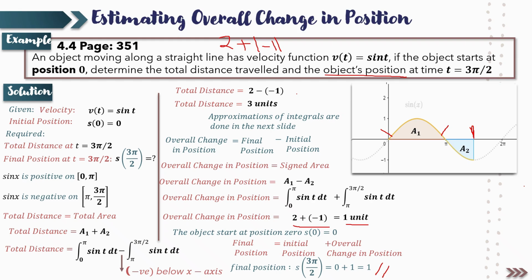Or you can get it directly from the calculator using the definite integral from 0 to 3 pi by 2 of sin x dx, which is equal to 1. So the position you will get from signed area, which is not absolute value, whereas for total distance you will consider the absolute value.